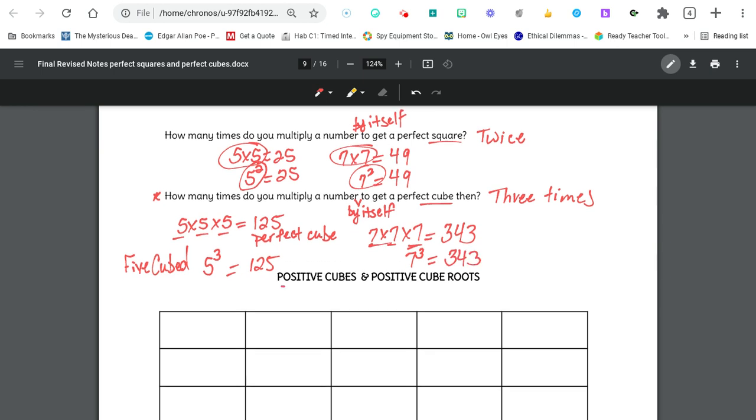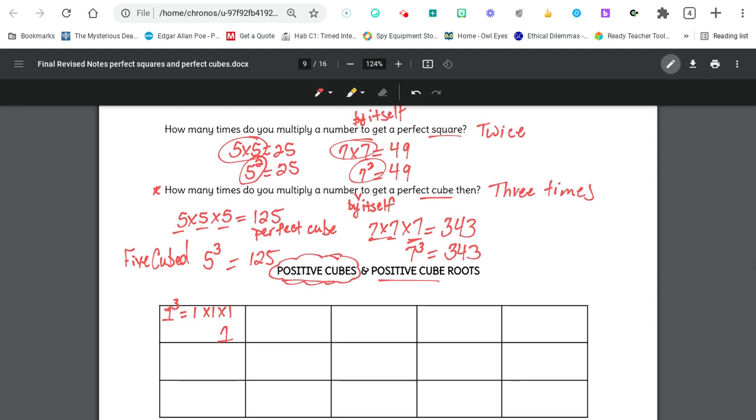All right, if you take a look here, it says positive cubes and positive cube roots. Right now, in that chart, we want to list some positive cubes. The smallest whole number cube is 1, because you get that from 1 cubed, which is 1 times 1 times 1.